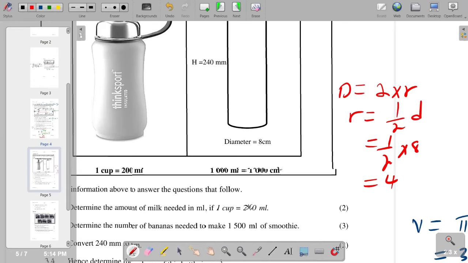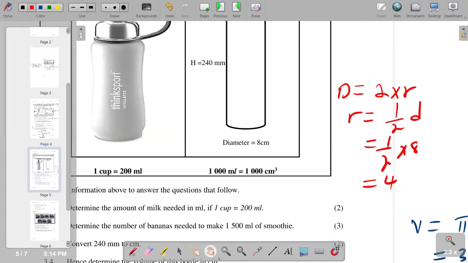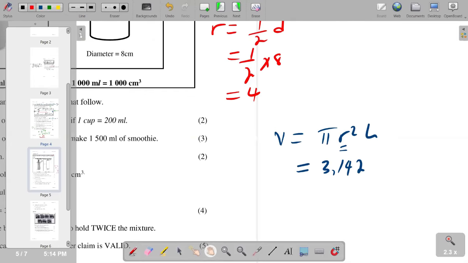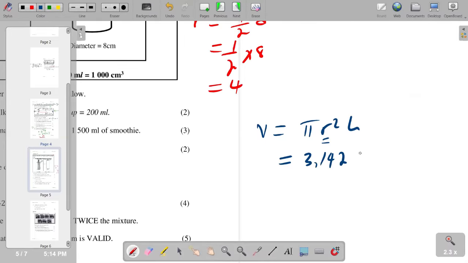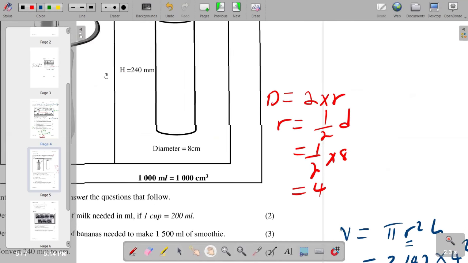So with that, we come here, we multiply by 4 squared, and then we check in terms of height, of which height we're given as 240 millimeters. Of course, we have to convert it to centimeters. So we are going to say 240 divided by 10. Remember, it becomes 24 centimeters. So we multiply by 24.